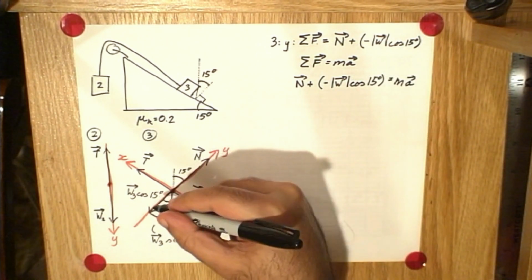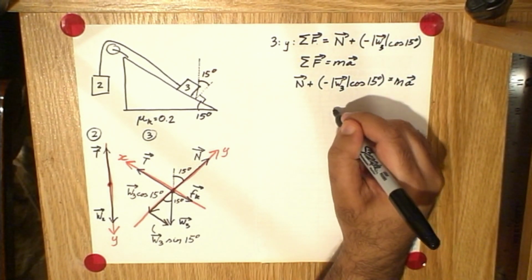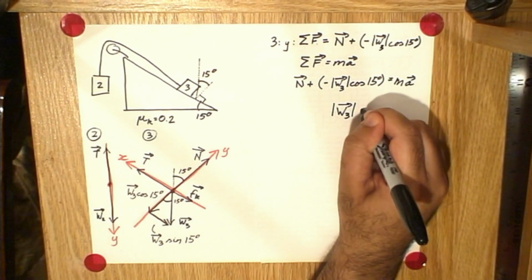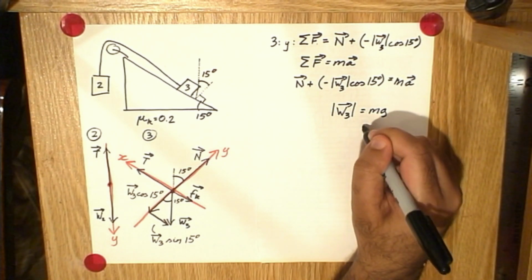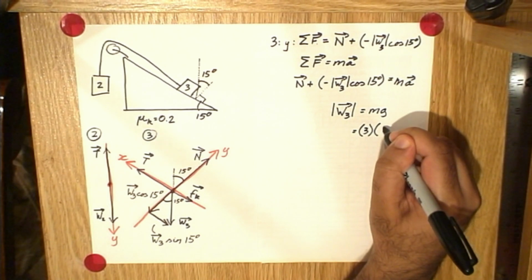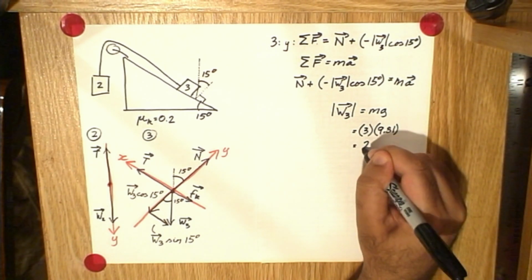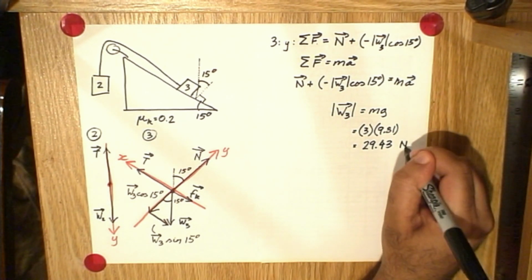Now, this is the weight of the 3 kilogram object specifically. So let's work out what that is. The weight of the 3 kilogram object is given by mass times gravity. So the mass, 3, gravity, 9.81. And that works out to 29.43 newtons.